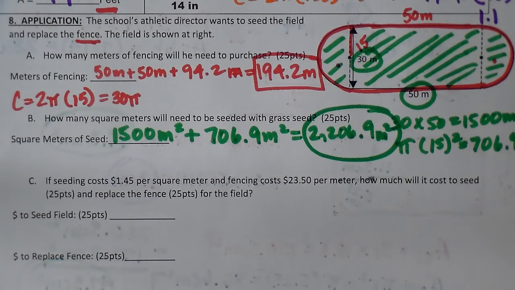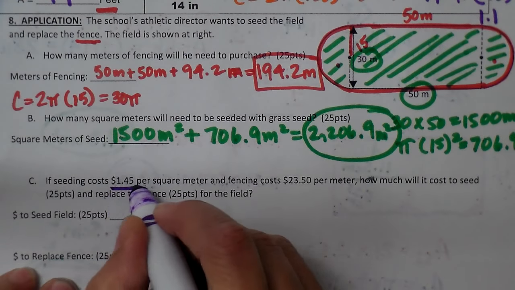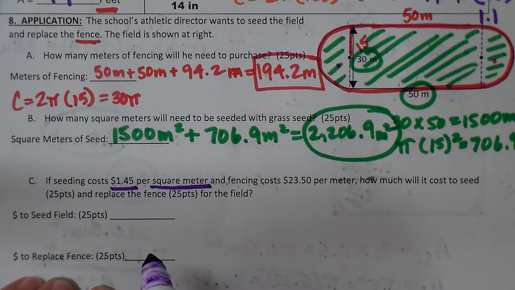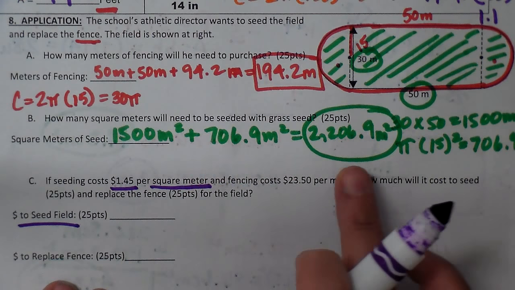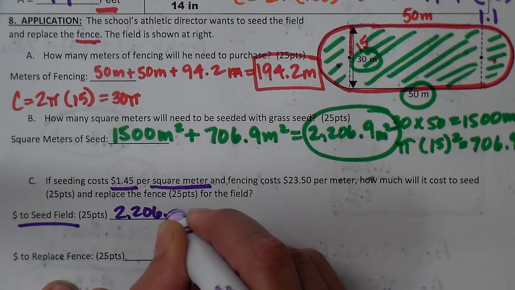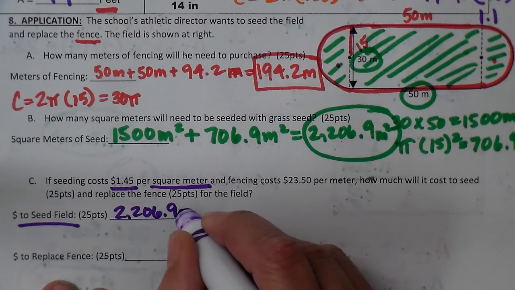Okay? Now that you've calculated how much fencing and seeding that you need, we're just going to multiply to get the cost. If seeding costs $1.45 per square meter, how much is it going to cost for us to seed the field? Well, how many square meters of seeding do I need? 2,206.9 square meters are needed.